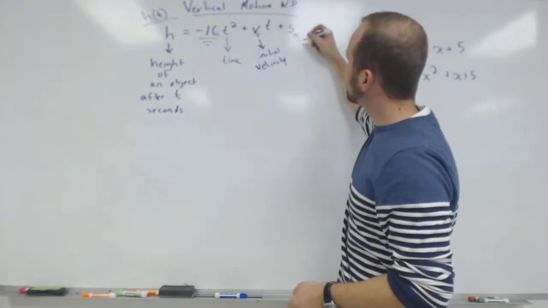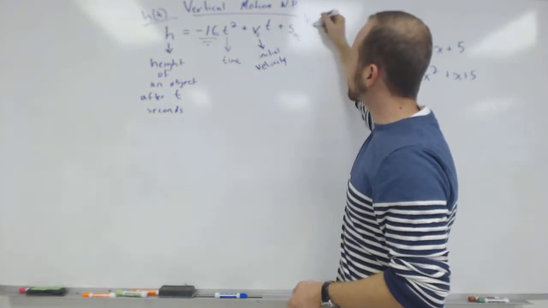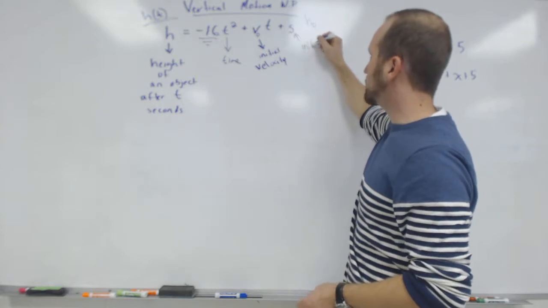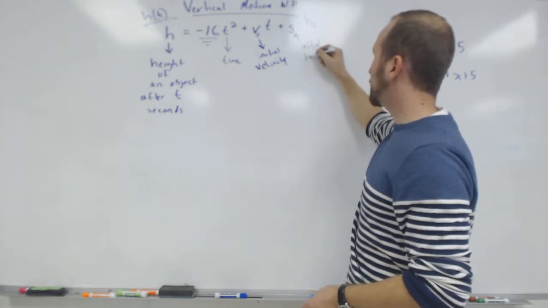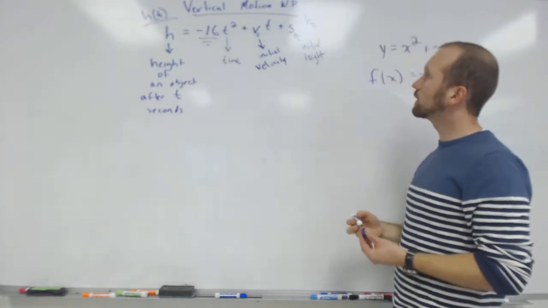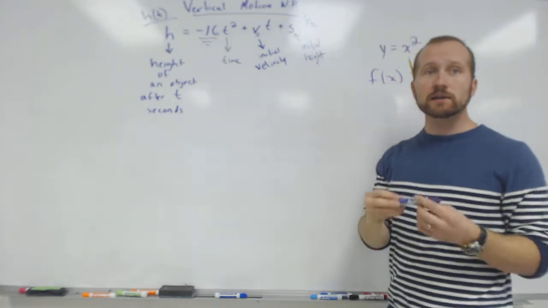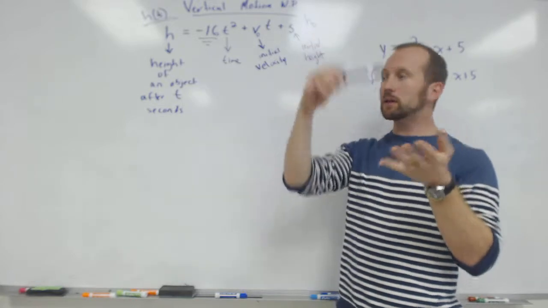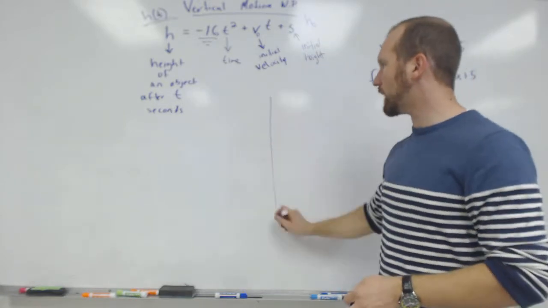And then s, which is sometimes written as h sub 0, is the initial height. So where did it start? Did the object start on the ground, or did it start from a cliff? And you can picture that parabola, right?